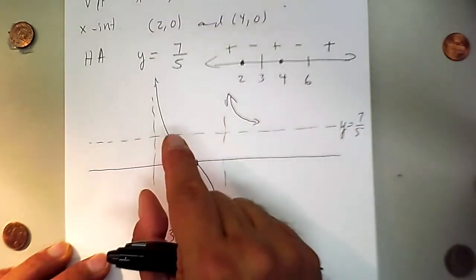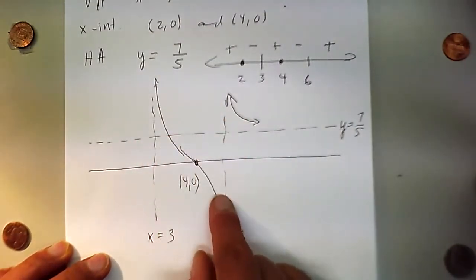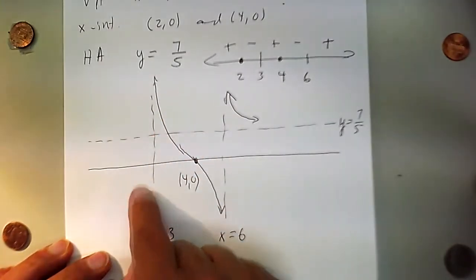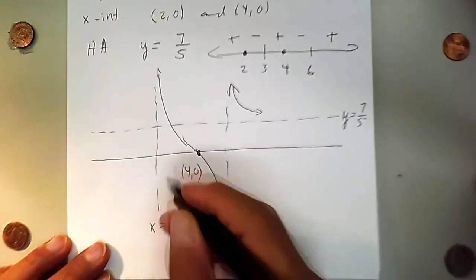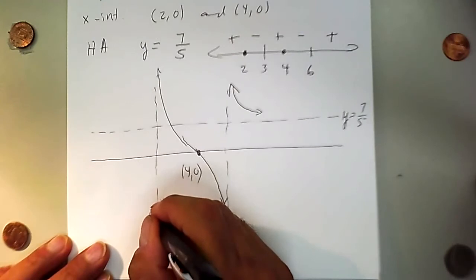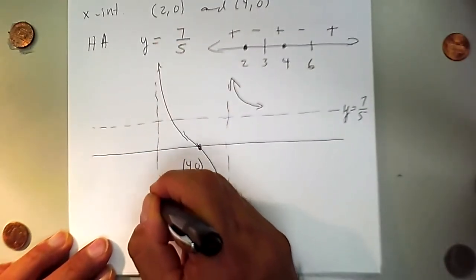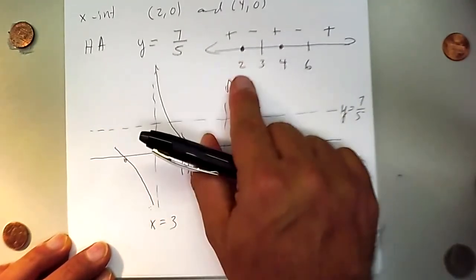But anyway, on the left, this is positive, negative, positive, negative, positive. So the only way to be negative to the left of the 3 with a vertical asymptote at 3 is to go this way. And then we got to cross the x-axis at 2.